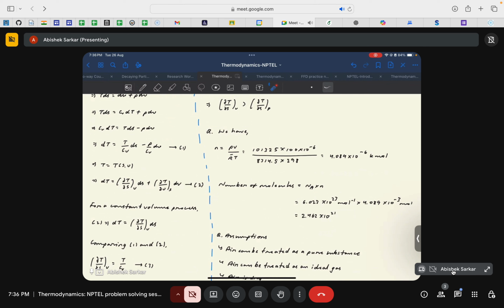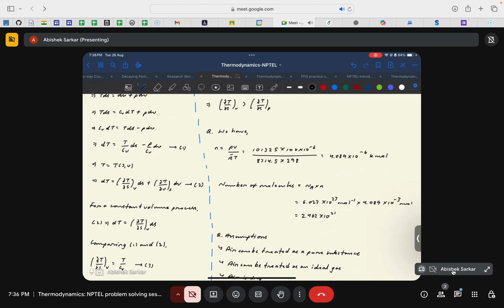The main motto is how to represent the slope in terms of these coefficients. So dT is the change in temperature, and the other 2 parameters that are changing are the entropy and the specific volume. So let us represent T in terms of the entropy and the specific volume. You will see why this becomes relevant.